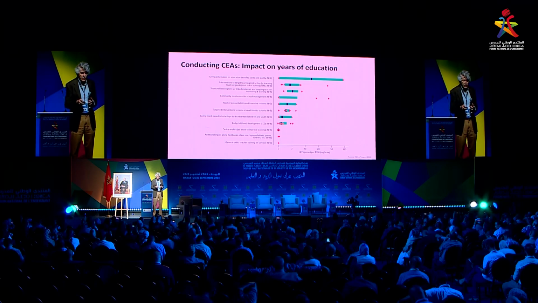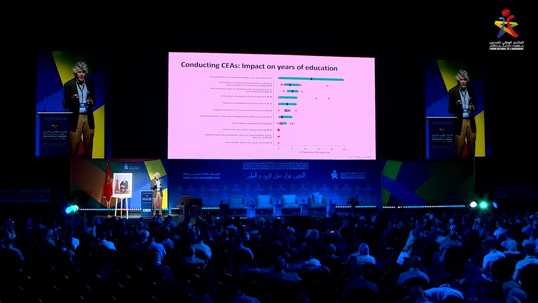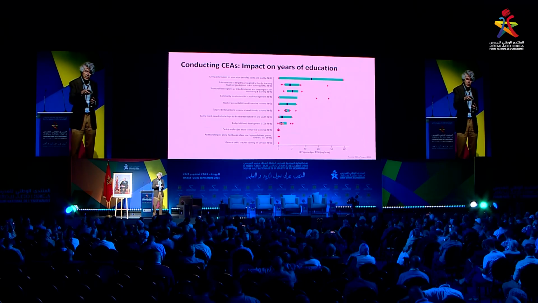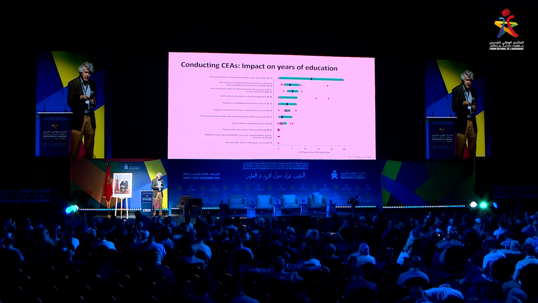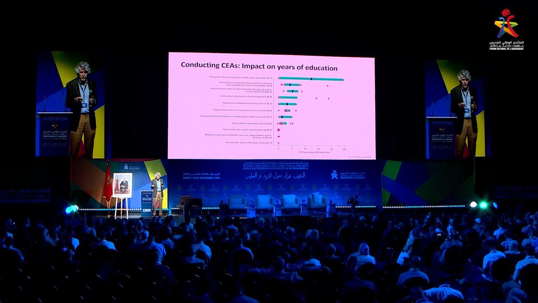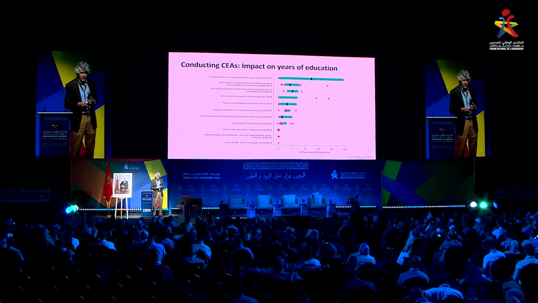Now let me just point out something. The outcome here is years of education. The very first one looks like on average it has a big effect. The blue square in the middle of those long green flat bars, that's the average, okay? But if you look at the top one, there are only 2 studies.